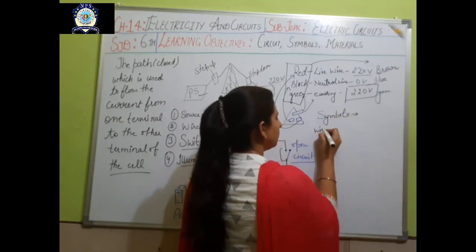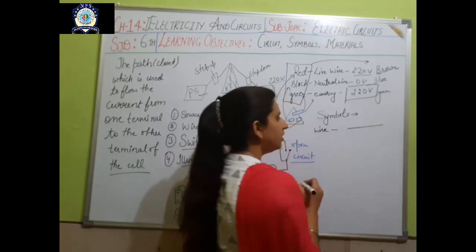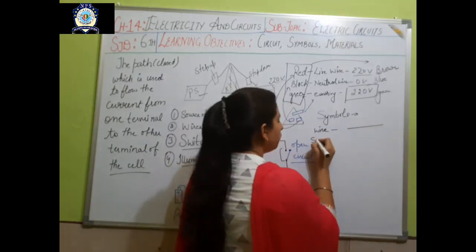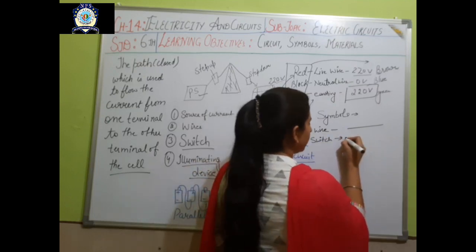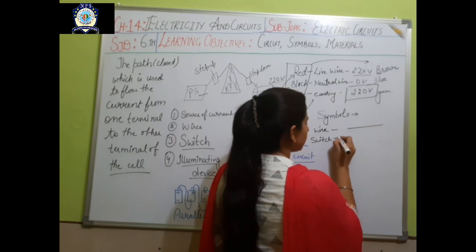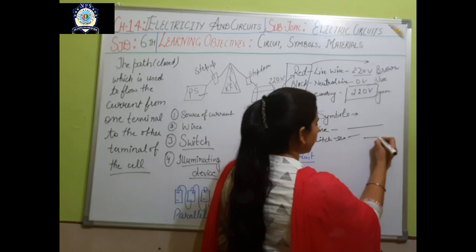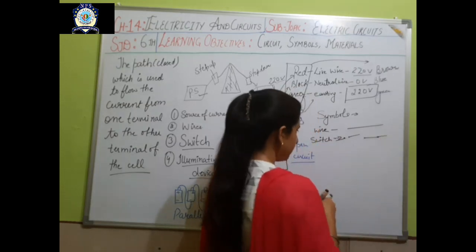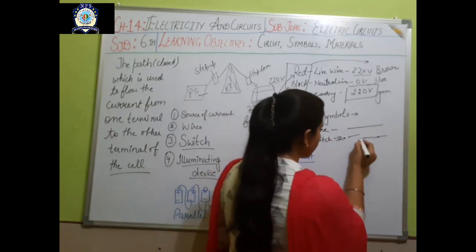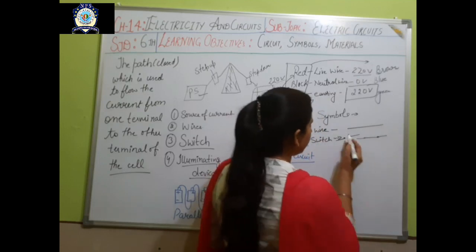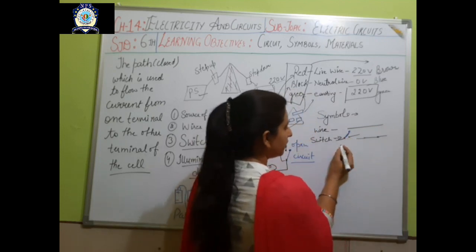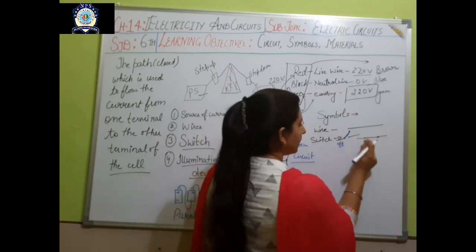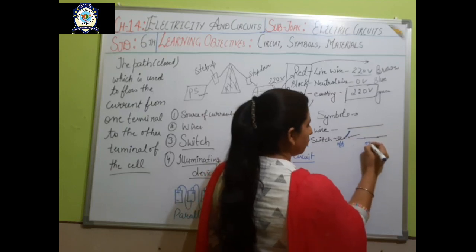To represent the wire, we use a simple line. For the switch, we use two types of symbols, this and this. If this kind of switch is there, then it is off, and if this kind of switch is there, then it is on.